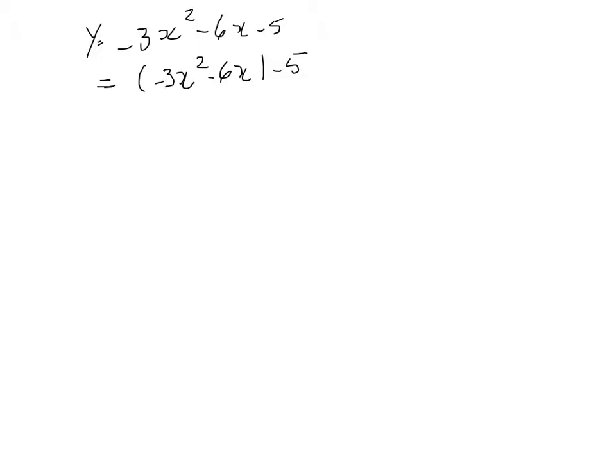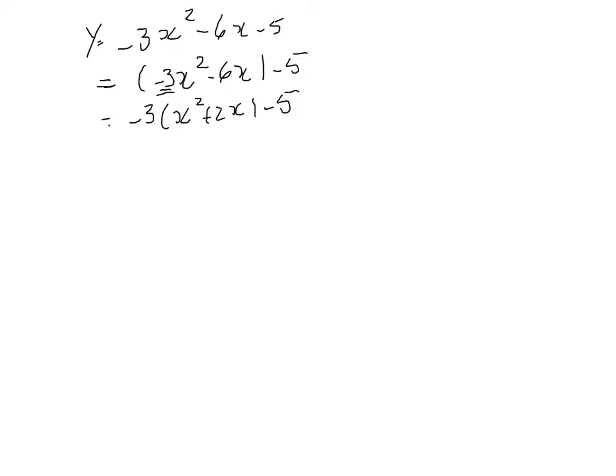The second thing is to make sure the leading coefficient, which is the coefficient of x squared, is 1. Here, the coefficient of x squared is negative 3, so I'm going to factor this out. So I'm going to have negative 3 times x squared plus 2x, minus 5.